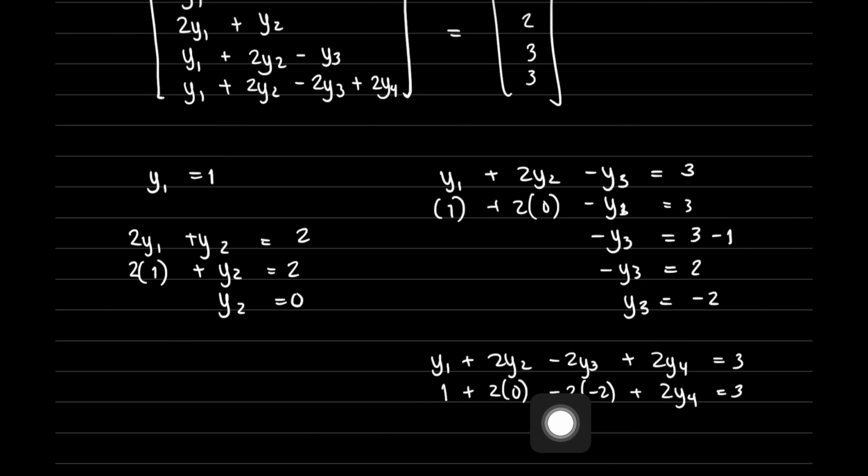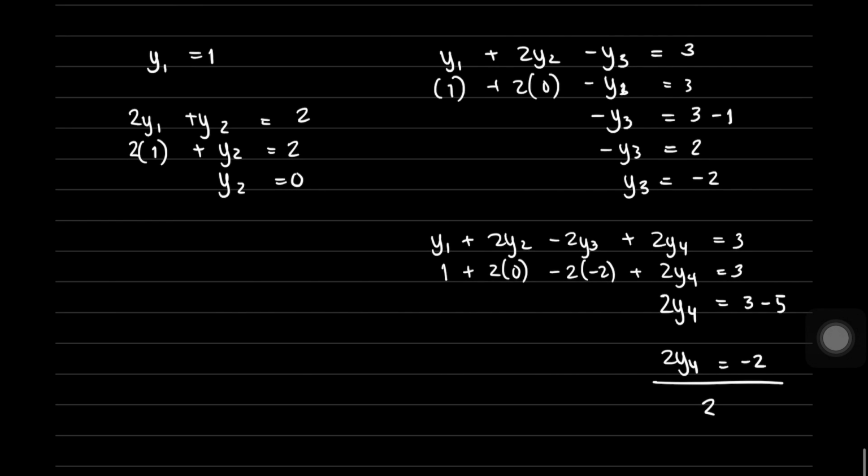So we have negative 2 times negative 2, so that's positive 4, plus 1, that's positive 5, and if we transpose it on the right side, we have 2y4 equals 3 minus 5. So 2y4 equals negative 2. Divide both sides by 2. We have y4 equals negative 1. So our vector y would be 1, 0, negative 2, negative 1.